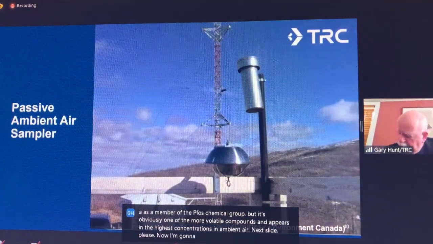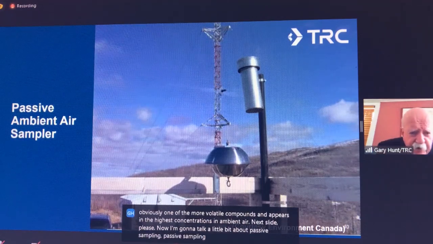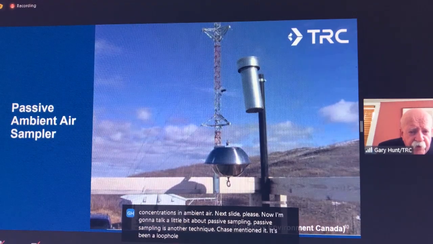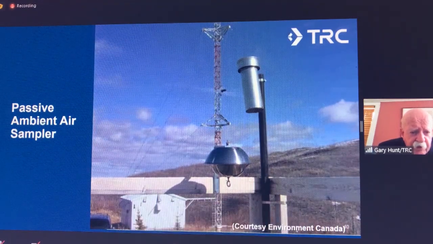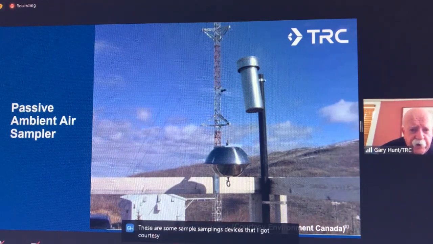Now I'm going to talk a little bit about passive sampling. Passive sampling is another technique. Chase mentioned it. It's been alluded to already by prior speakers. These are some sampling devices that I got courtesy of Environment Canada, Tom Harner, who does a lot of work with passive sampling.